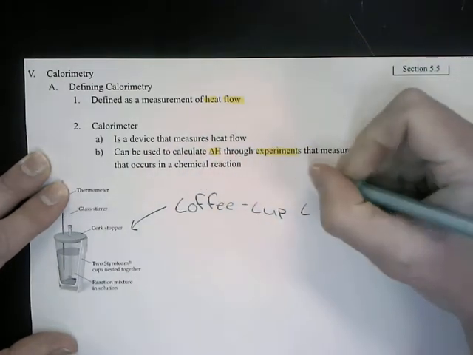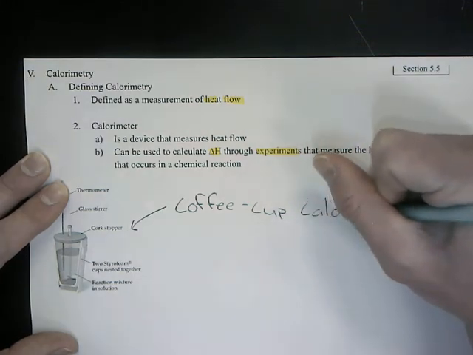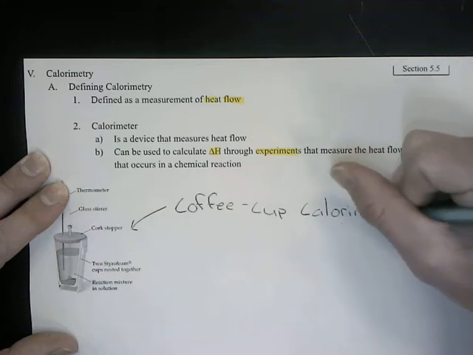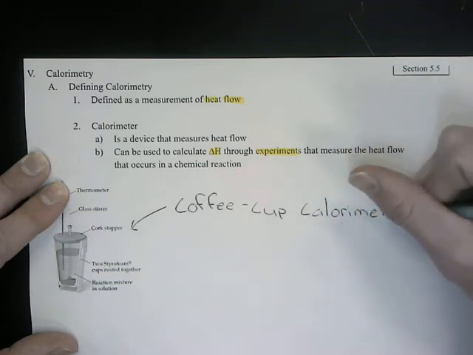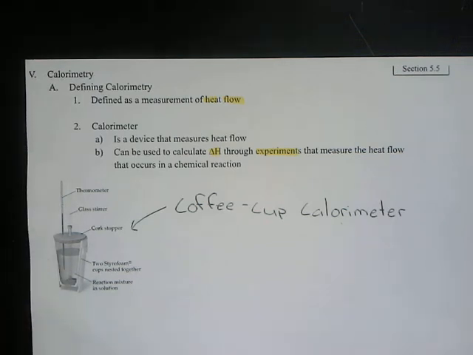And you may be thinking to yourself, okay, it's a styrofoam or 2 styrofoam cups, but actually this is very well insulated and it really accounts well for what we can measure using our Hess's law.